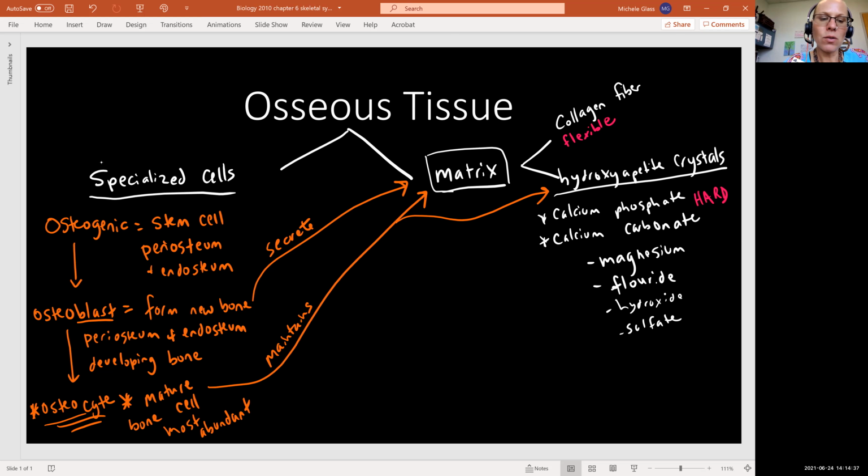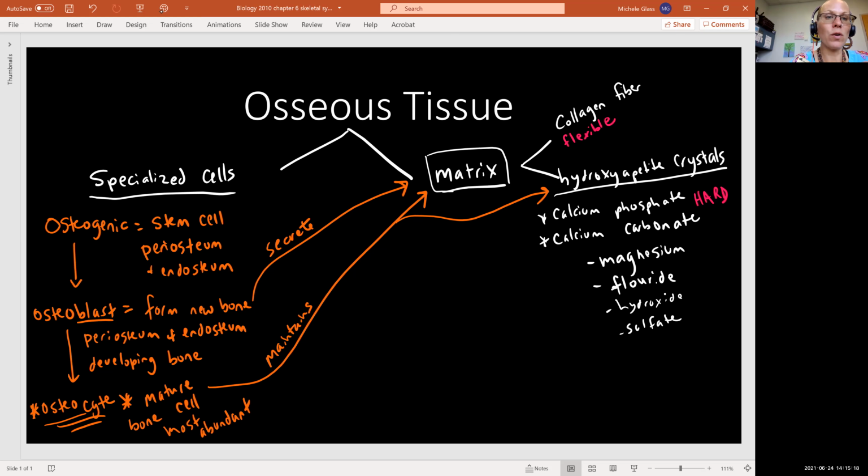The osteogenic cell, the osteoblast, and the osteocyte are all part of the same cell lineage. When an osteogenic cell divides, it forms an osteoblast. The osteoblast is defined as the cell that's secreting that matrix. Once that osteoblast is completely surrounded by matrix and its job changes to maintaining the matrix, its name changes too. When its job changes, its name changes, and we call it an osteocyte.